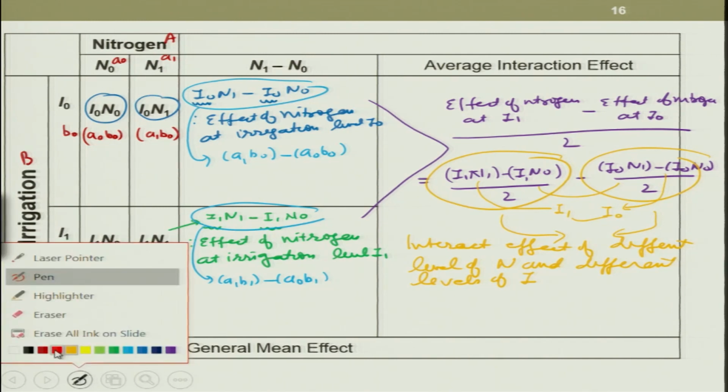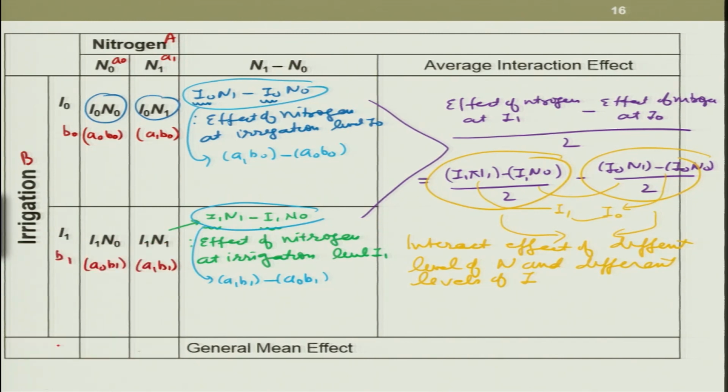So, in our standard notation, I can write this as (AB minus B) upon 2 minus (A minus 1) upon 2. Right. So, this can be called, in general terminology, the average interaction effect.